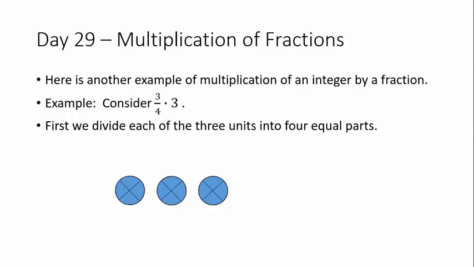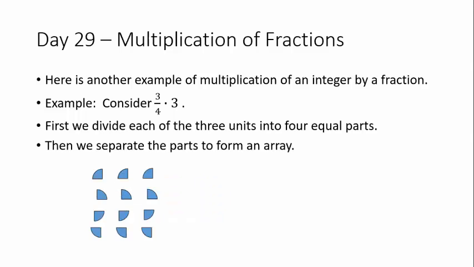You can see this done in the diagram below. After I've divided the circle, I'm going to separate the parts to form an array. So the 4 parts of each circle have been separated, and I actually did them in columns. So you'll see all of the quarters there.